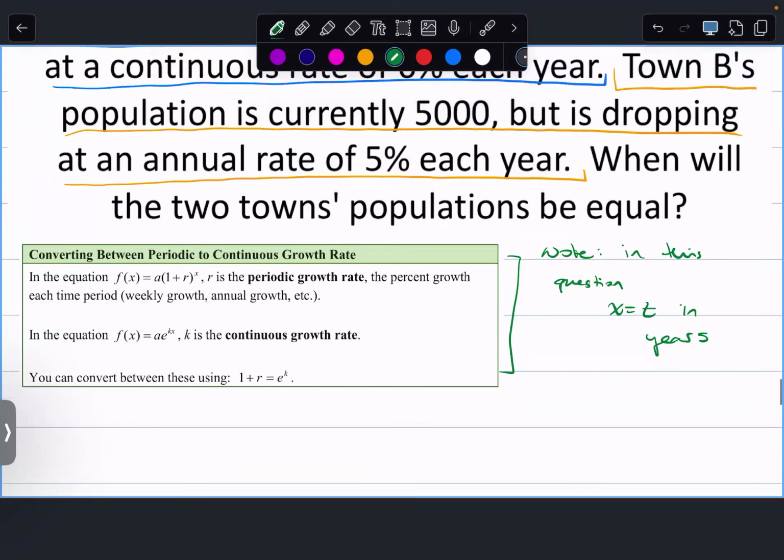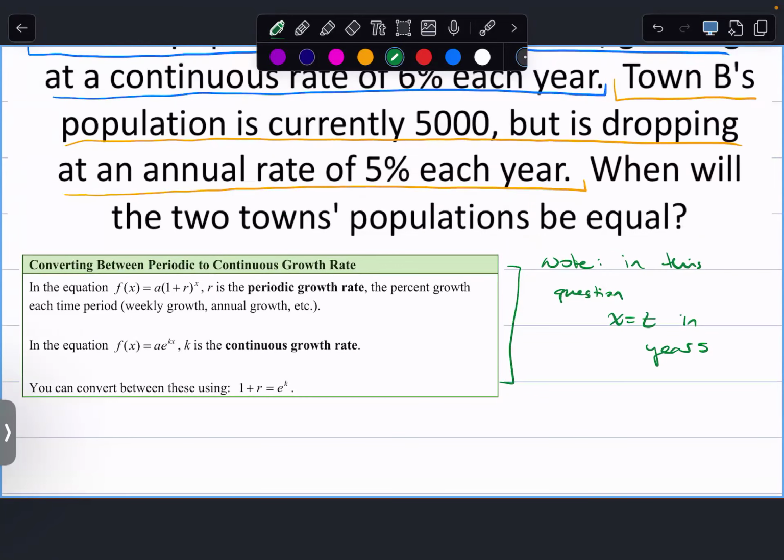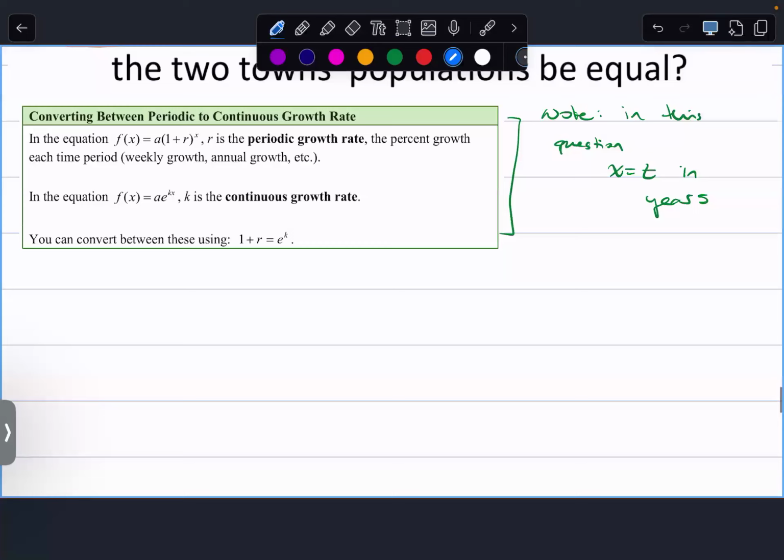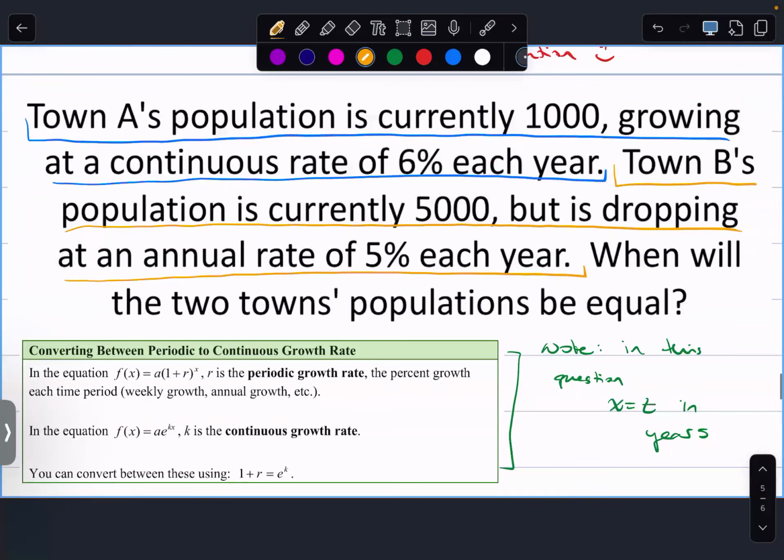Okay. So we've got two different equations depending on if we've got a continuous growth rate or the annual growth rate. And so I'm going to do them side by side. I'll say town A, and then I'll have town B. Town A has a continuous growth rate. What's the 1,000?